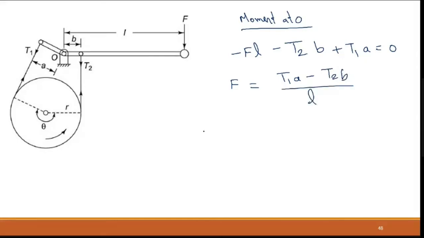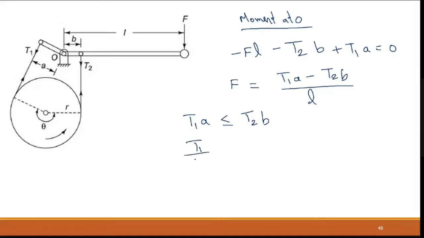So here, what is the condition for self-locking? A little bit different. What it means? F should be less than or equal to 0, so T1A should be less than or equal to T2B, right?